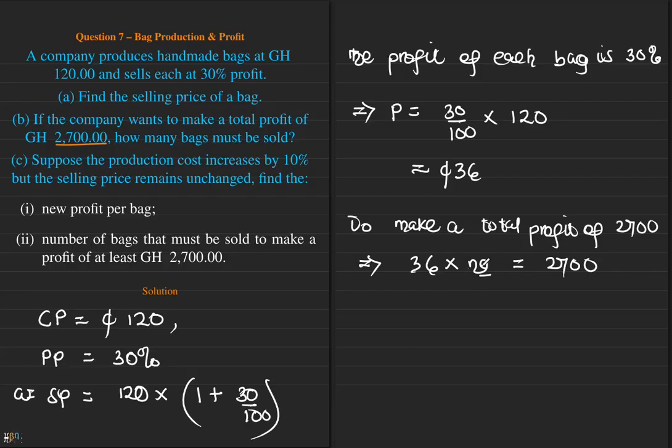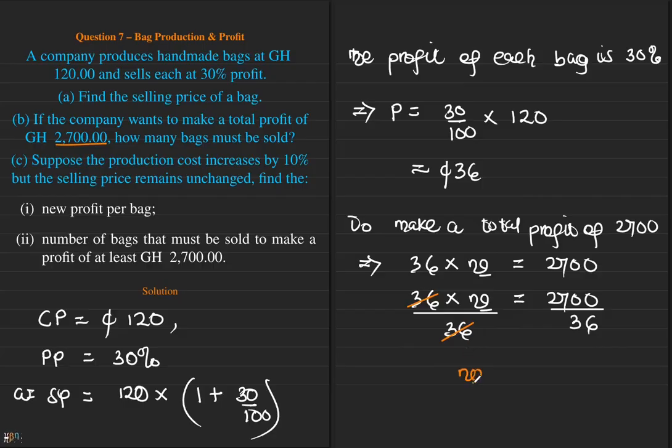So let's let the number of bags be a variable x, and we want to solve for this number. Using our inverse operations, we divide this by 36, and we also divide this by 36. With that, 36 divides 36 and we are left with our x, the number of bags.